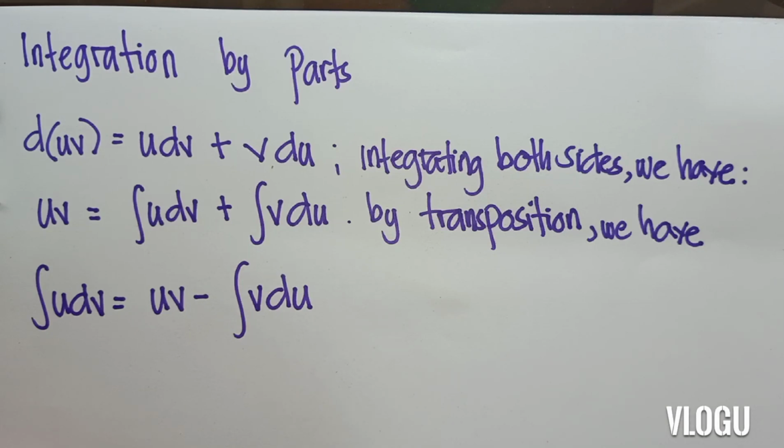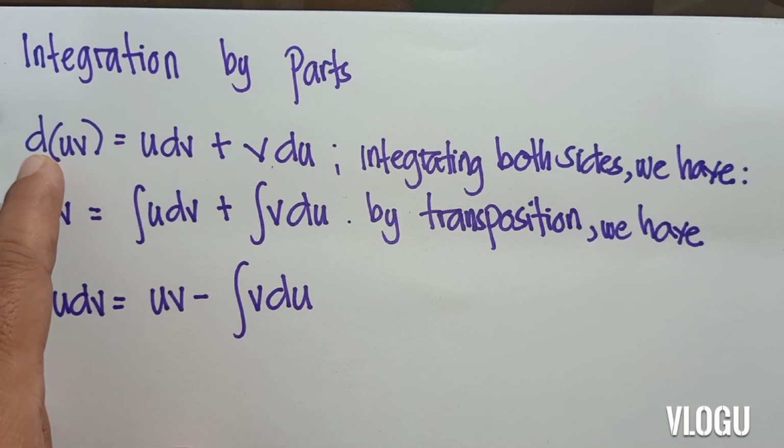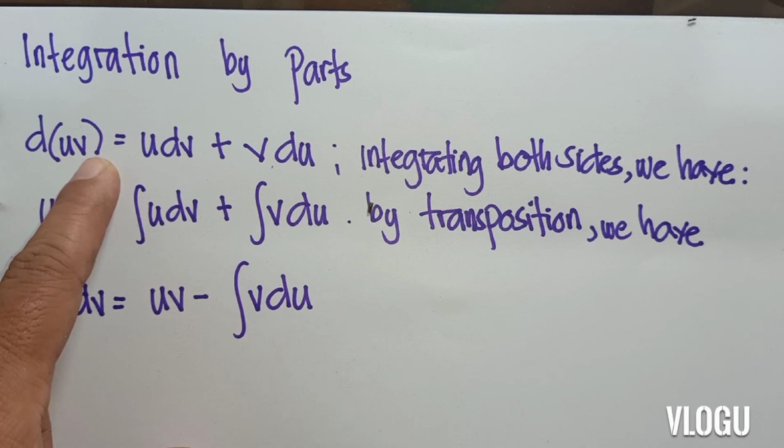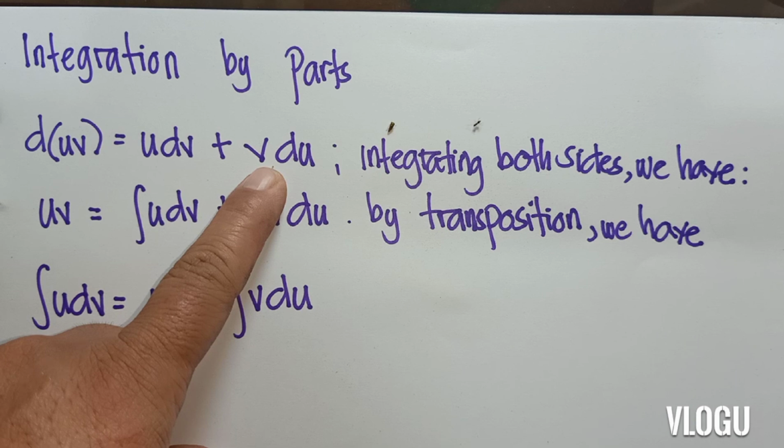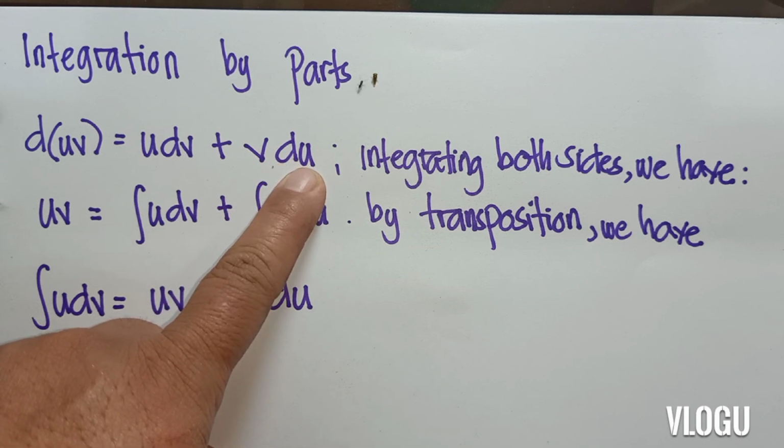Okay, so our lesson is on integration by parts. The formula of integration by parts comes from the derivative of the product. The derivative of uv is equivalent to u times the derivative of v plus v times the derivative of u.